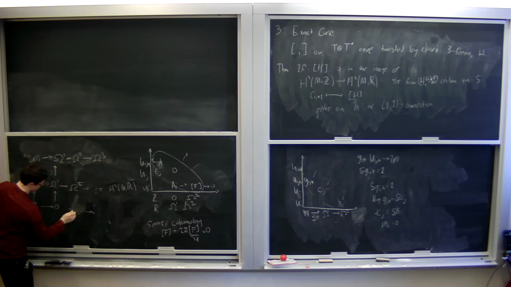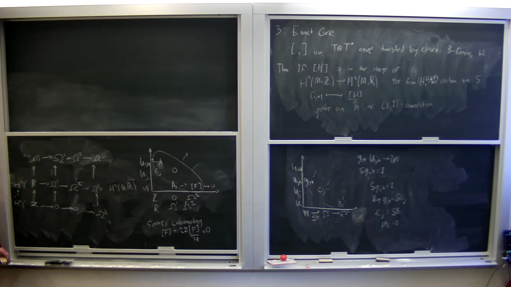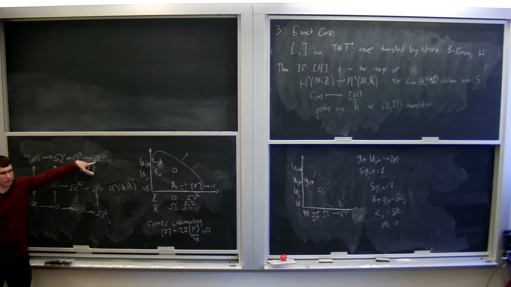But now this has to be 0, so it's actually a short exact sequence. Oh, sorry, that's omega 3. That's what I meant. Put a 0 in there, then you're looking at flat objects. No, if I put a 0 in there, I'm looking at not flat objects. If I put omega 3 there, I'm looking at.